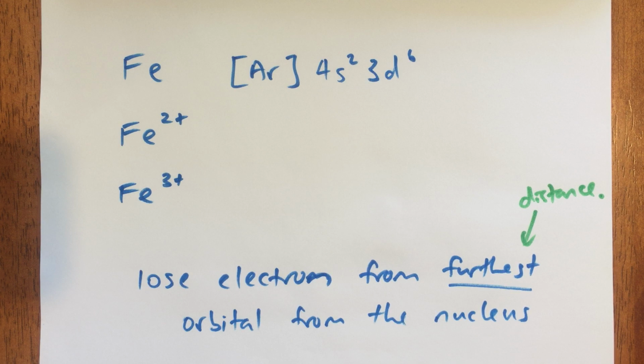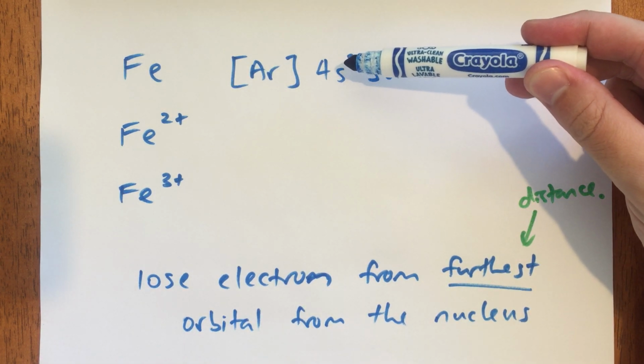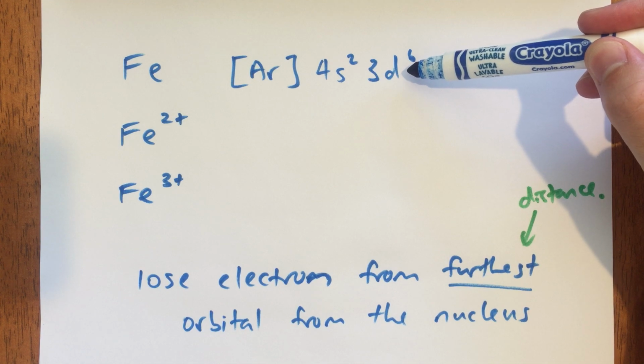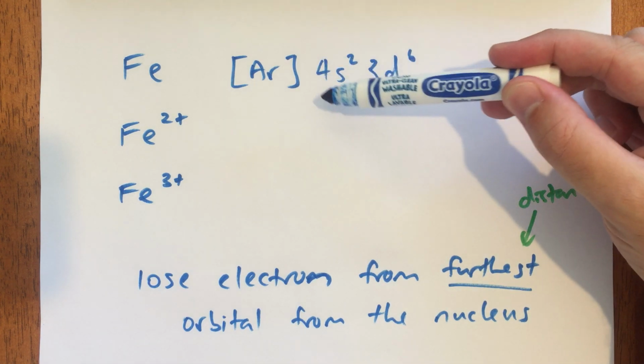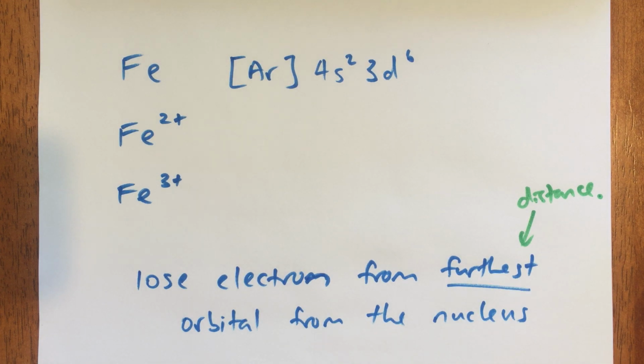Now the general rule is we lose an electron from the furthest orbital from the nucleus, and that is by distance, not by how much energy the electrons contain. So in this case, the fourth energy level is further from the nucleus than the third energy level. So we will always lose the 4s electrons before we lose the 3d electrons.